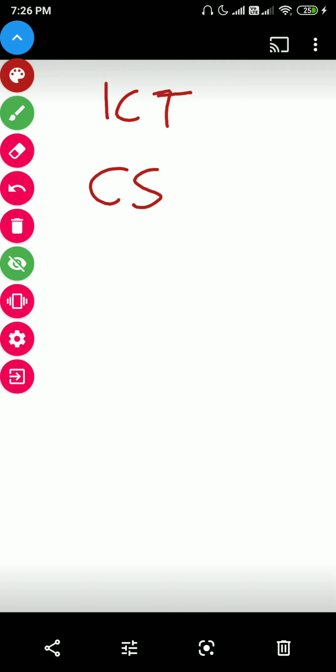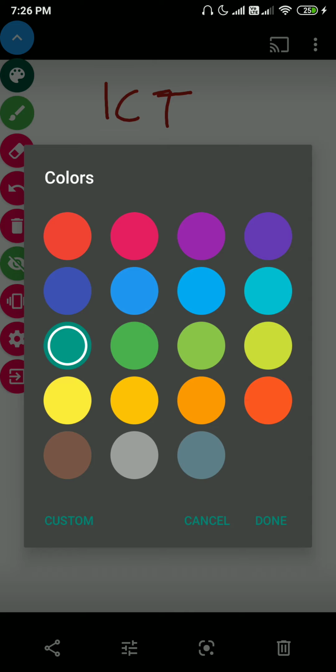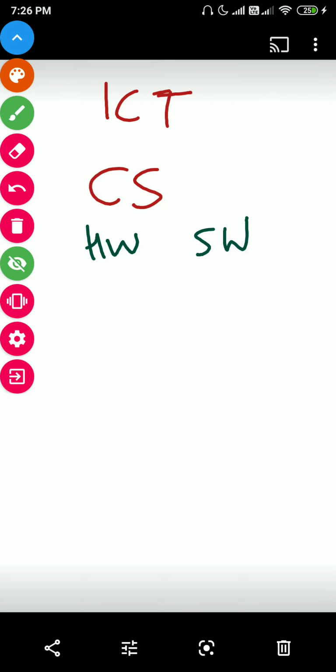Components में students हमारे पास क्या क्या आता है? We have hardware and software. What is hardware, what is software? Another thing we will cover is the four main components of a computer system: input unit, output unit, CPU and storage media.